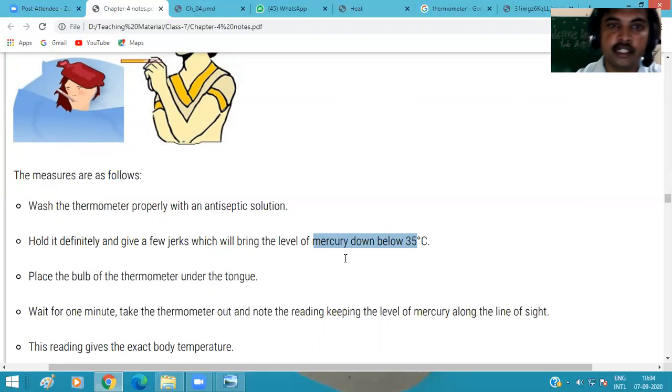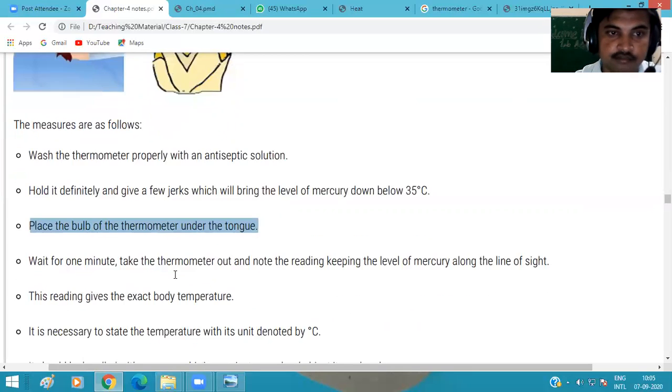So when we measure the temperature of any person, we see that the temperature is always found to be more than 35 degrees Celsius. So place the bulb under the tongue, or in the armpit.